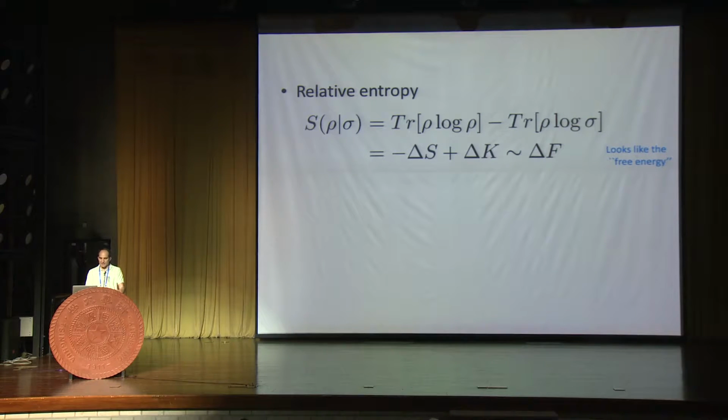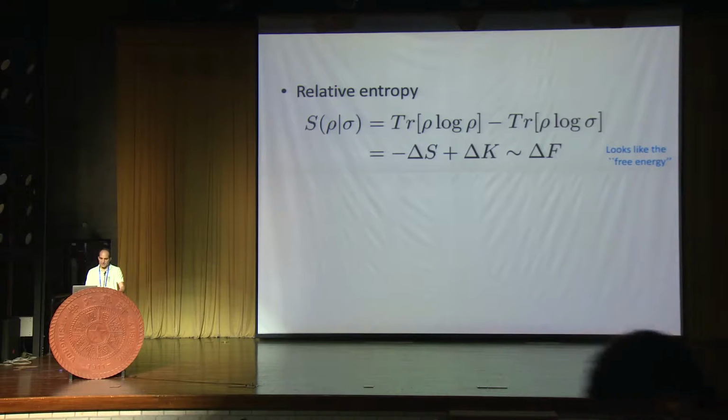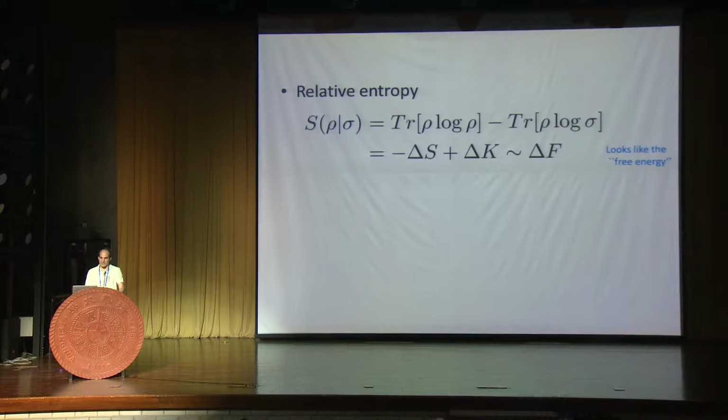Of course, this can be defined regardless of whether sigma is given by the actual dynamical Hamiltonian or not. In the cases where sigma is just the thermal density matrix for the actual Hamiltonian of the system, then this definition is simply the difference in free energy between the state rho and the thermal state.